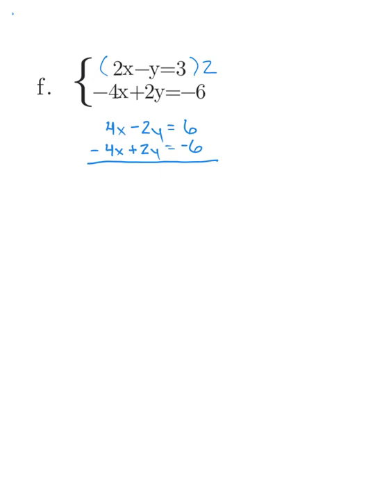And now when we add straight down, our x's cancel, our y's cancel, leaving us with 0. And on the right side, our 6's cancel, leaving us also with 0. So what does this mean? Well, we have a true statement while solving, which means that this has an infinite number of solutions.